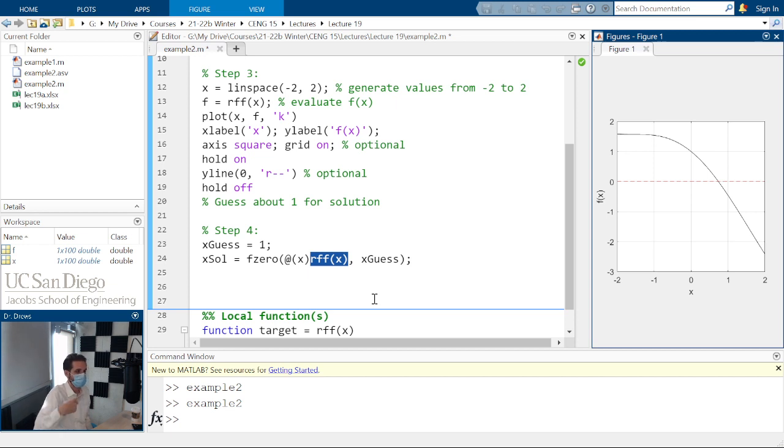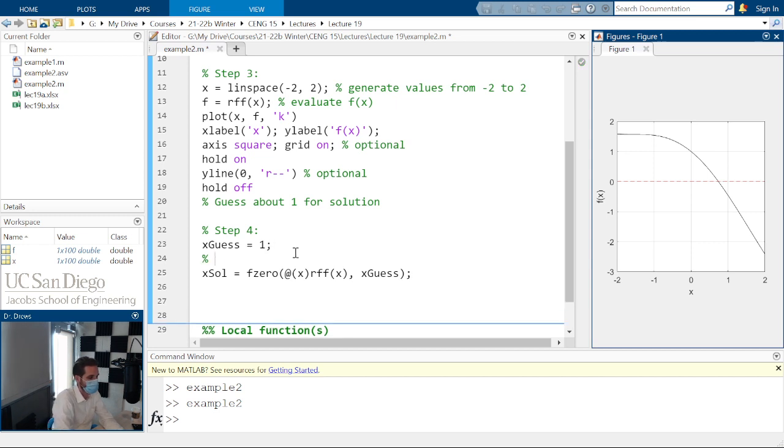Guess that variable in this function until that function is 0. This, by the way, is option 1, or let's call this method 1 for f0. We probably won't have time for method 2 today, but we'll come back to method 2 next time.